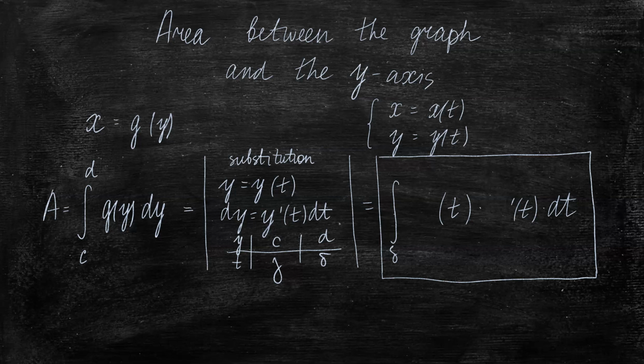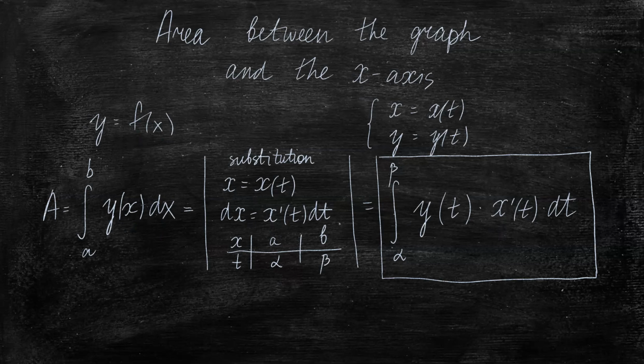So we're going to have an integral from gamma to delta, and we're going to have x of y of t, which is this function, right? So it's x of t, y prime of t dt, which is very similar to the original. By original, I mean this formula, similar in spirit, and definitely.